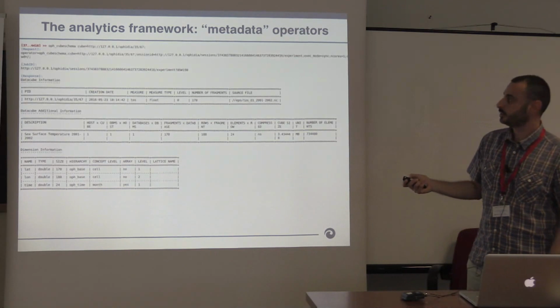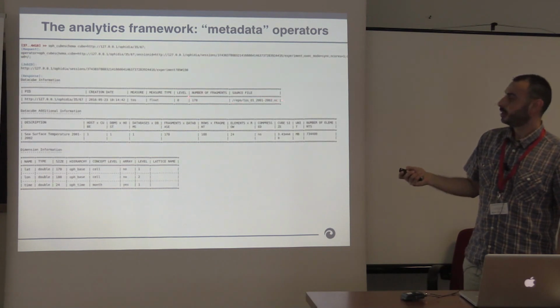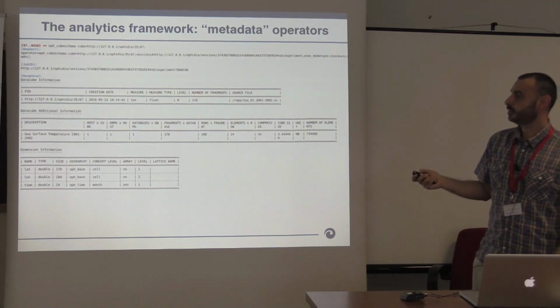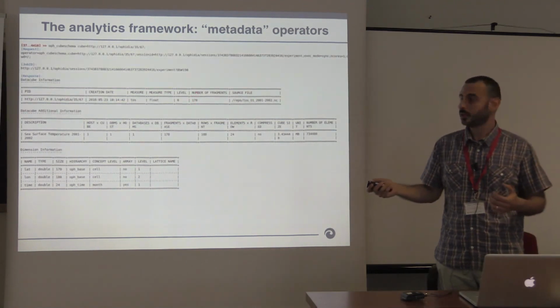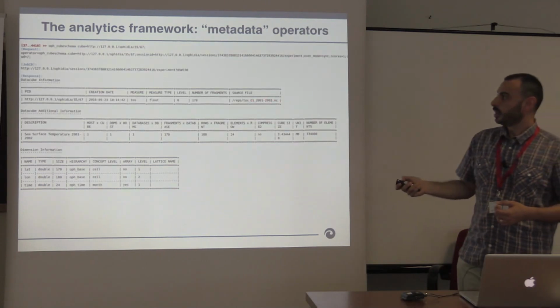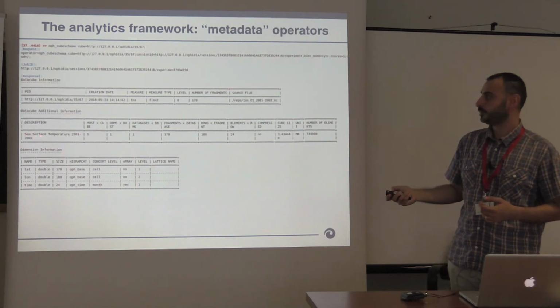In this case, it is the temperature over surface, the type of the measure, and so on. This cube has 170 fragments. In particular, this is the source file. Additional information related with the cube, a description.